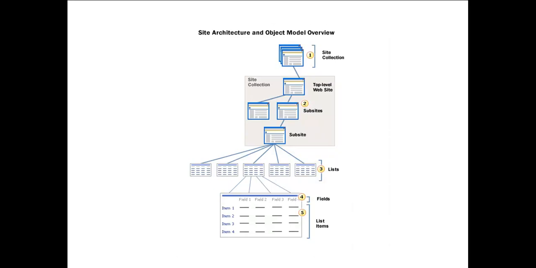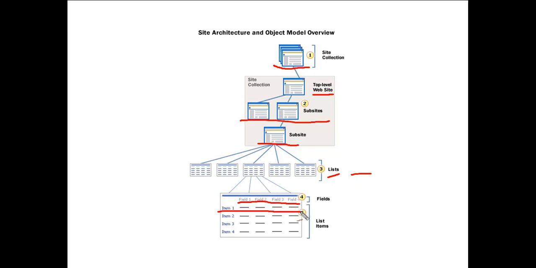For a better understanding, let's take a close look at the hierarchy of a site collection. This site collection contains a top-level website and subsites. Subsites contain subsites. Subsites contain lists and libraries. A list contains fields.